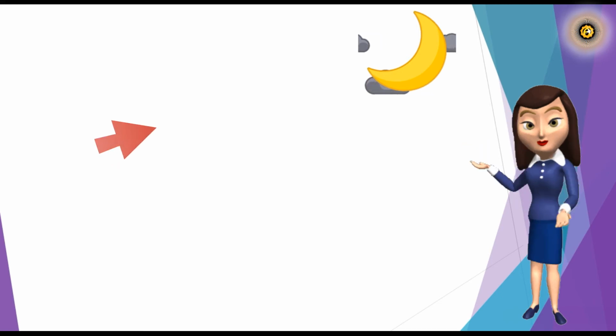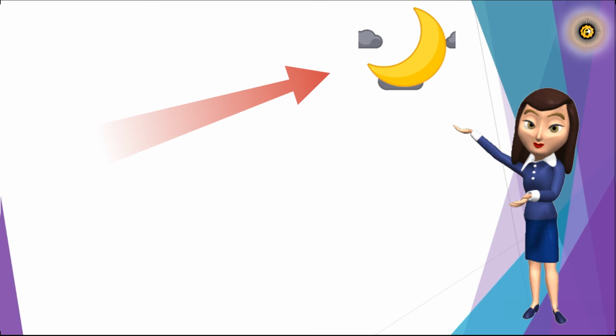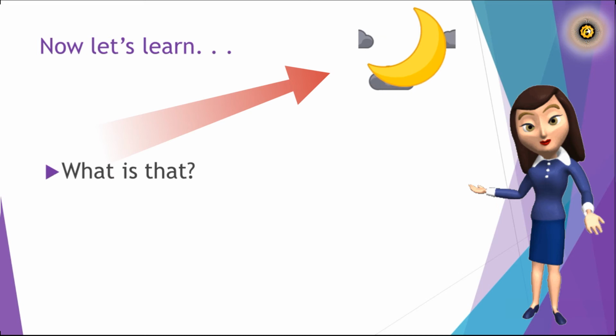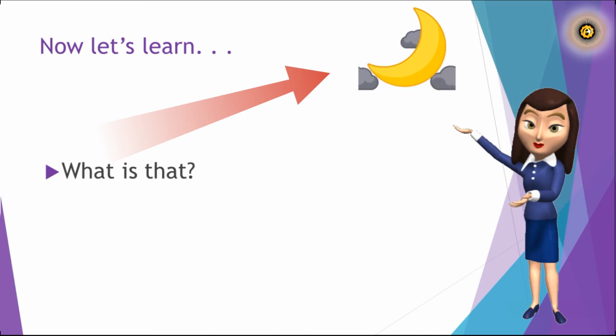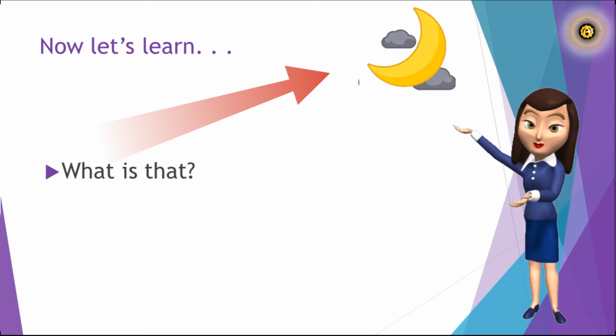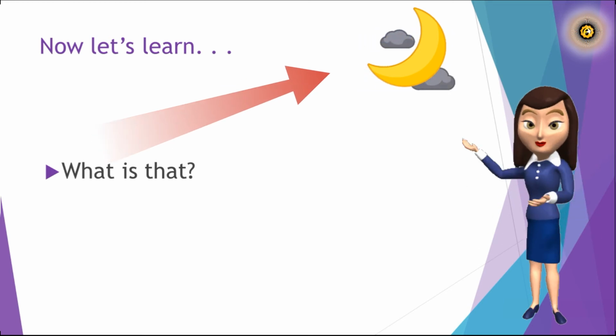All right, so what is that? Now let's learn. What is that? When we are asking a question, and in this case, right now, we can see an image and it's far away. So we are saying, what is that?